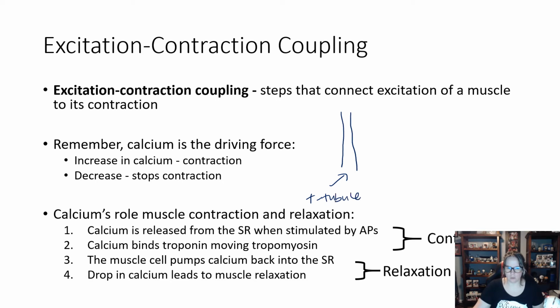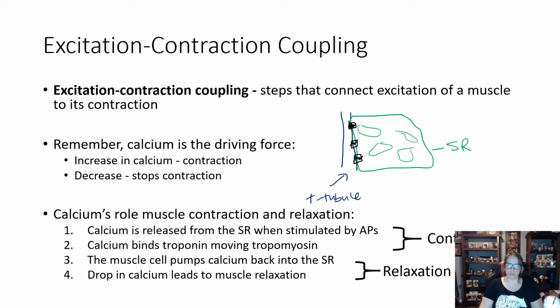Switch our colors a little bit. And then this green blob that's abutting it, the webbing, this is the SR. And if you recall from the previous lecture, there are little proteins that sit where the T-tubule meets the terminal cistern.